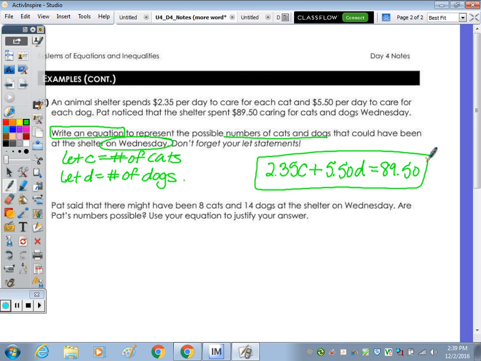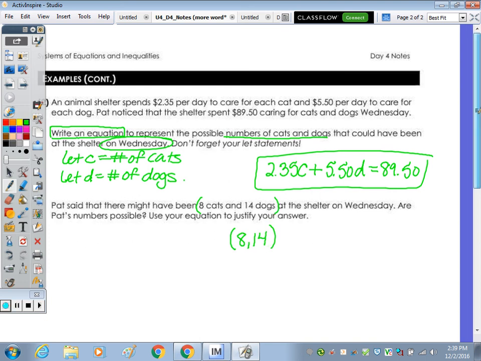The second part of that question says that Pat said that there might have been 8 cats and 14 dogs at the shelter on Wednesday, so he's not quite sure. Are his numbers possible? So think of this, 8 cats and 14 dogs as a point. So 8, 14.